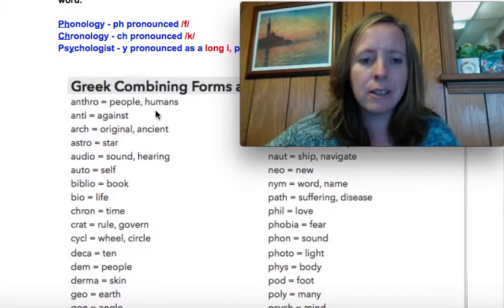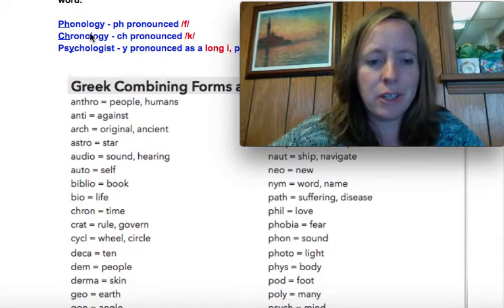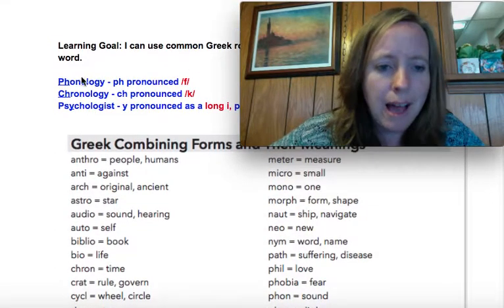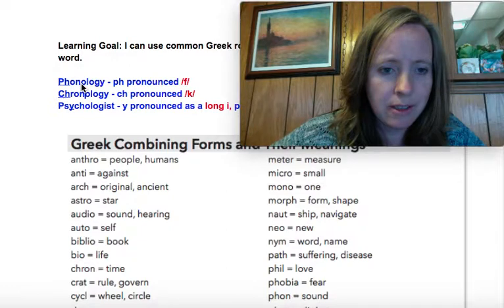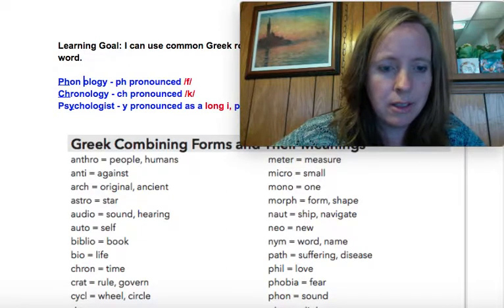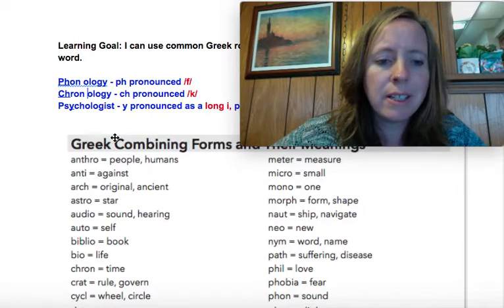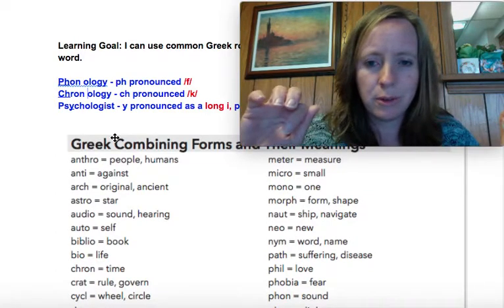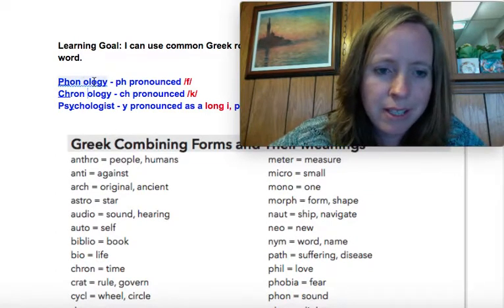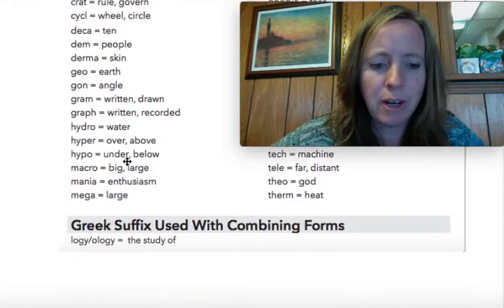So let's take a look at this word, phonology. I'm going to chunk it. What I did is I chunked it into its different Greek roots. This ology is at the very bottom.